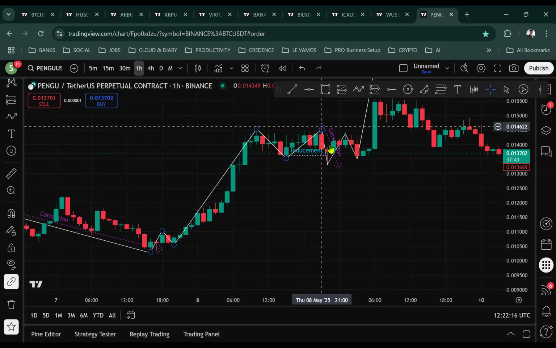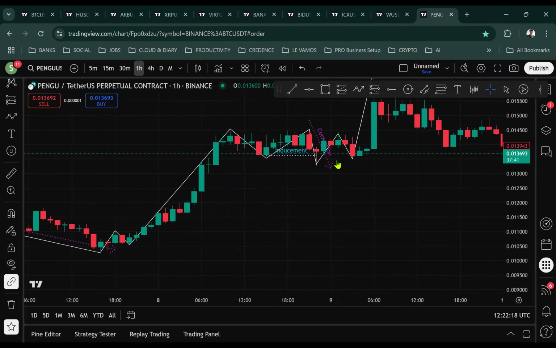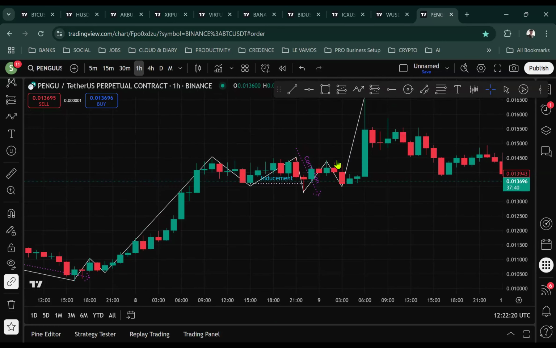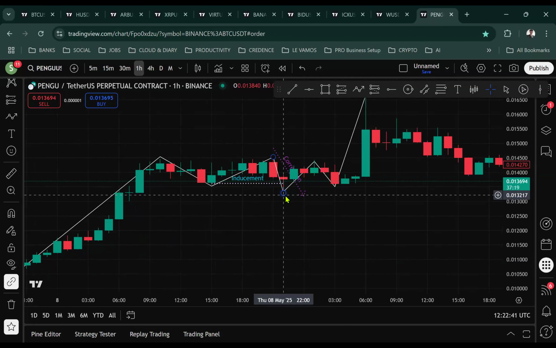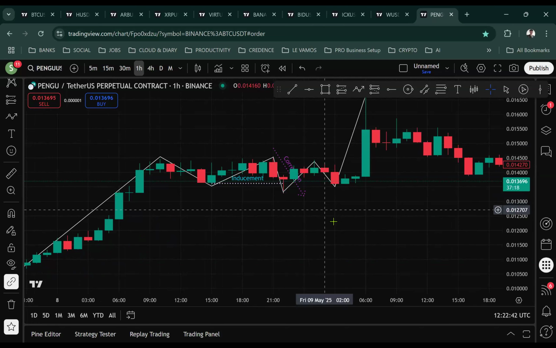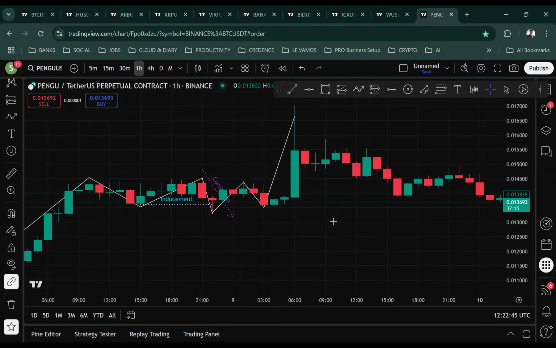Now this is coming here, so this is an inducement only, and this is a correction only. Agree? Yes. So the correction is one single candle only. There is nothing like zones or something like that.